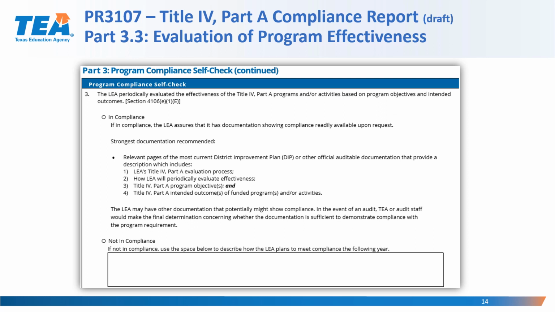An example for strongest documentation recommended are relevant pages of the most current LEA's District Improvement Plan or other official auditable documentation providing a detailed description, which includes the LEA's Title IV Part A evaluation process, how the LEA will periodically evaluate effectiveness, Title IV Part A program objectives, and Title IV Part A intended outcomes of funded programs and/or activities, and accompanying attendance, sign-in sheets, and/or meeting agendas of stakeholder consultation meetings with names and identified roles pertaining to the evaluation of effectiveness in Title IV Part A programs.